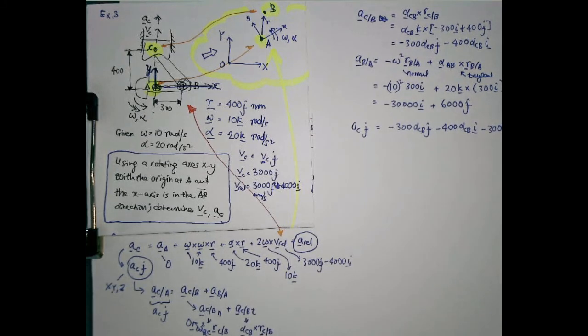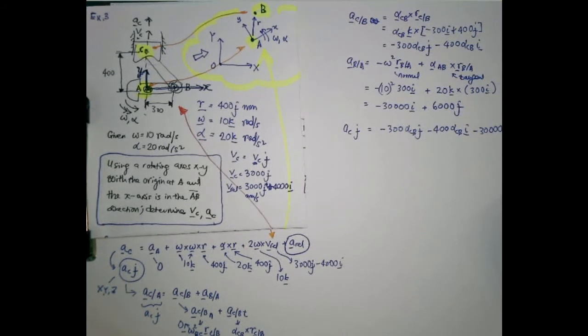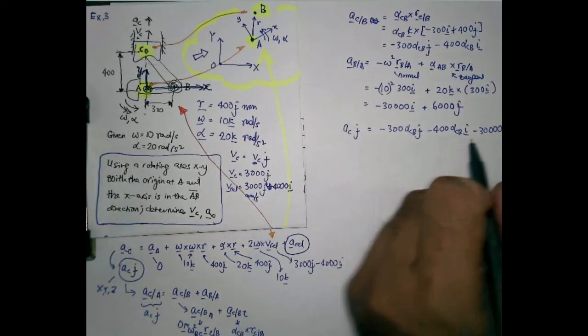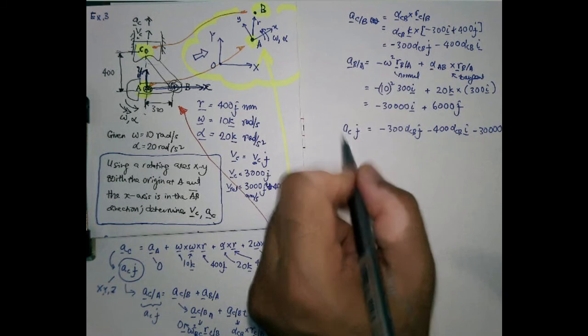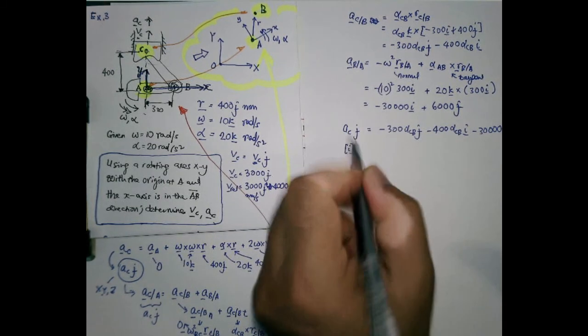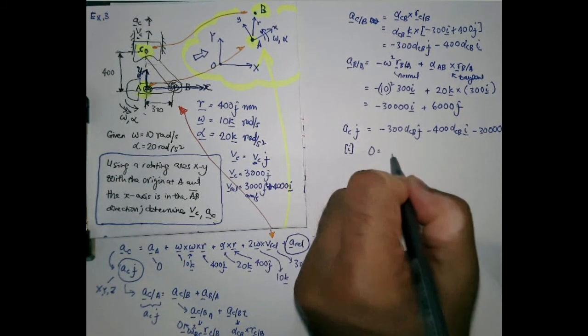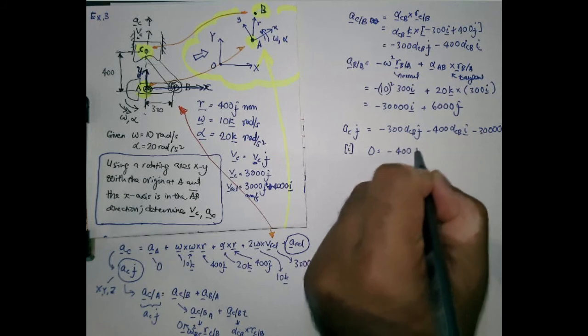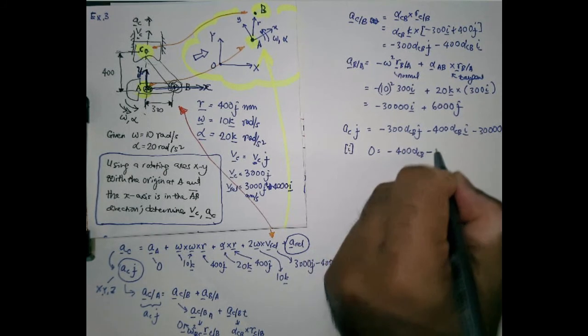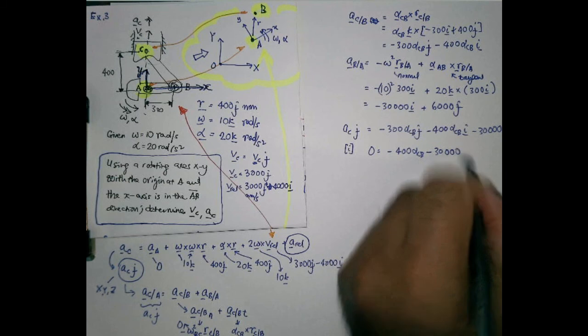Because we have only the j component, the i component is 0 here, so 0 equals minus 400 alpha CB minus 30,000.